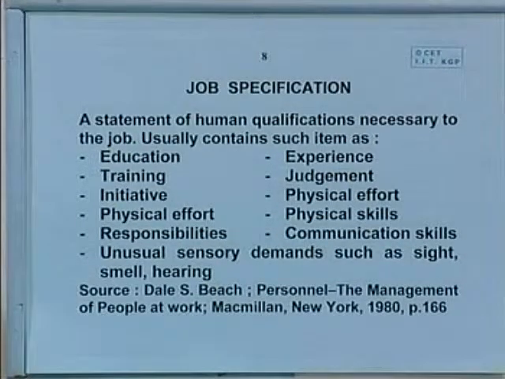What does that mean? That means certain jobs, like you are in the Navy, let us say. Or why go so far? Say you are a driver, you are driving a vehicle. If you are color blind, you may not be given a driving license because you cannot distinguish between red light and green light.